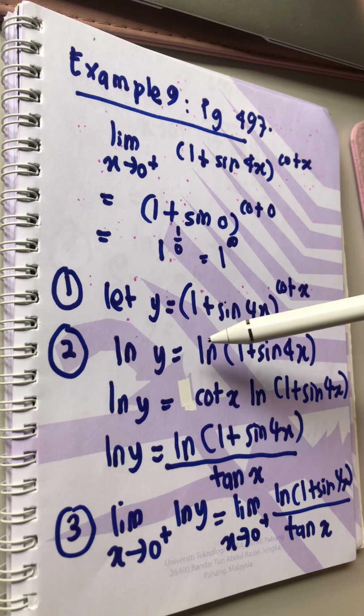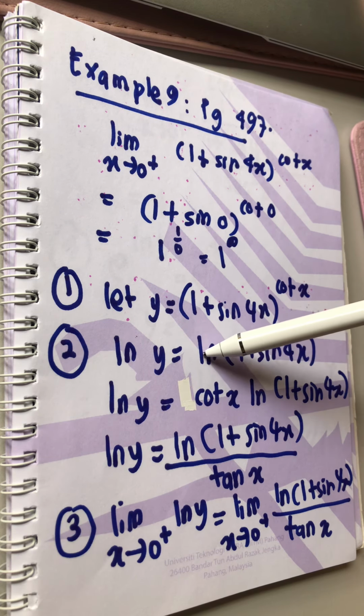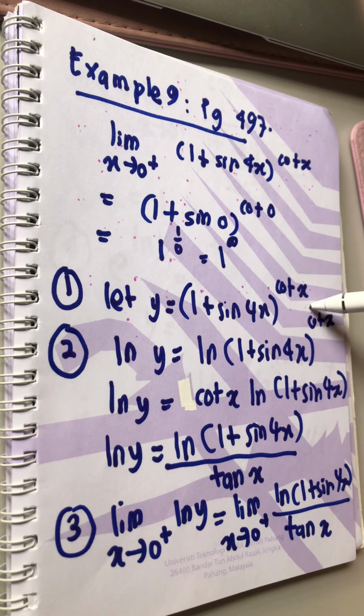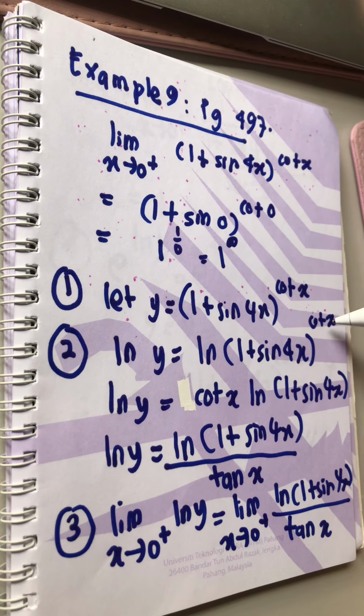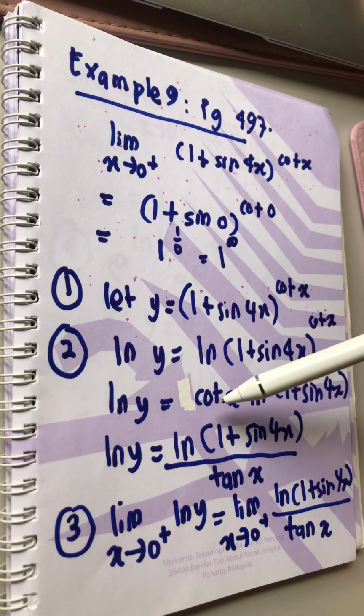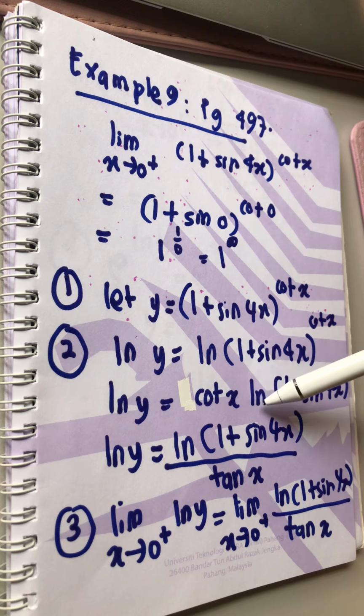In step 2, you put ln on both sides because the power will move in front. The power cotangent x will move in front to be cotangent x multiplied by ln(1 plus sine 4x).